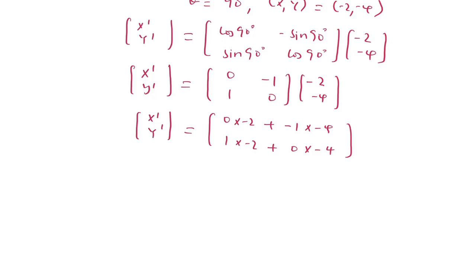After solving the values, our equation is going to be [x image, y image] equals [4, -2], and this is the image requested. Therefore, our final image is going to be (4, -2).